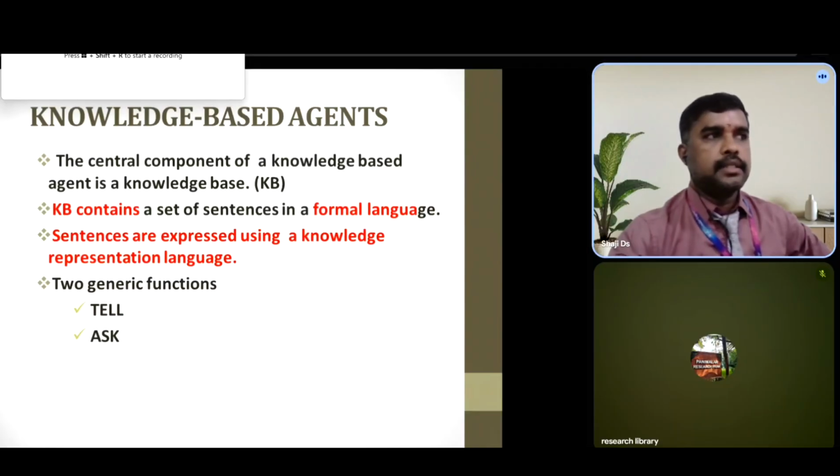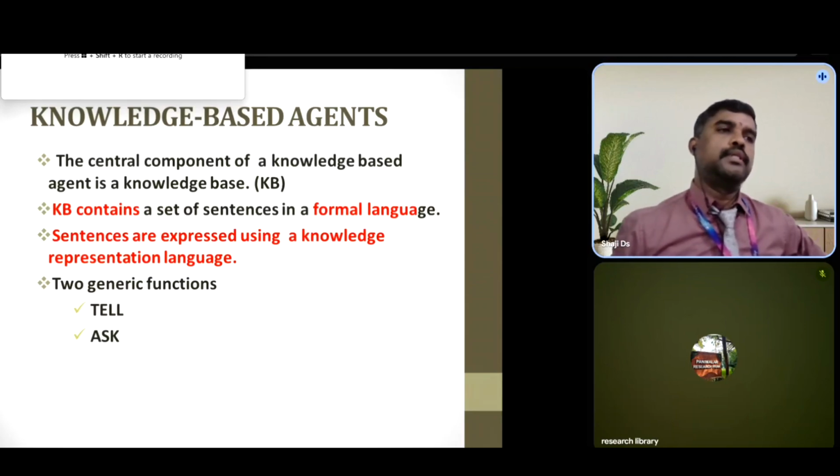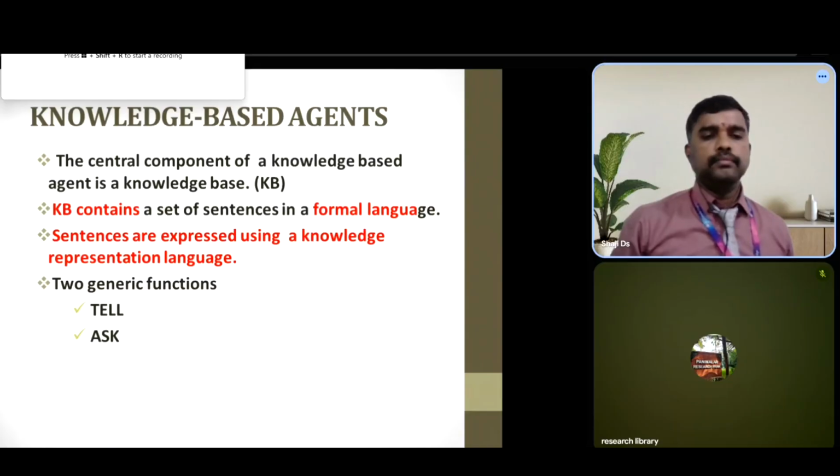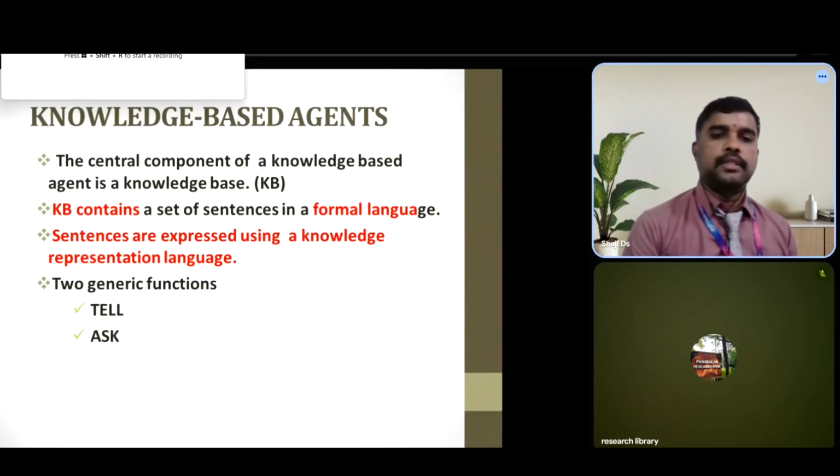The knowledge base contains a set of sentences in a formal language. Sentences are expressed using knowledge representation languages. So two functions are used for this: one is tell and another one is ask. So we know the difference between tell and ask.